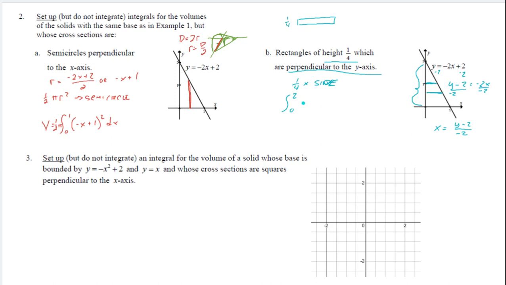And then this is going to be times 1/4. All right, that's our height of that rectangle, times our width, which is going to be our x value here, or y minus 2 divided by 2. And that's with dy. This is with respect to y.